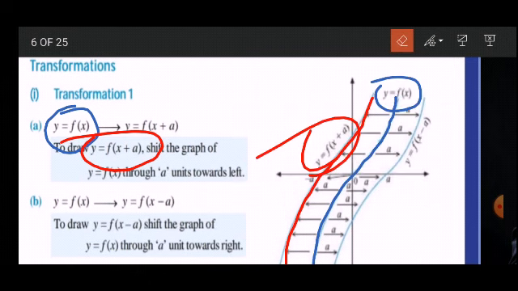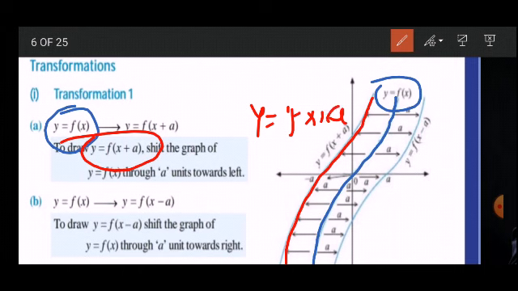You can recall over here, this is f of x plus a. So let me write down y equal to f of x plus a.